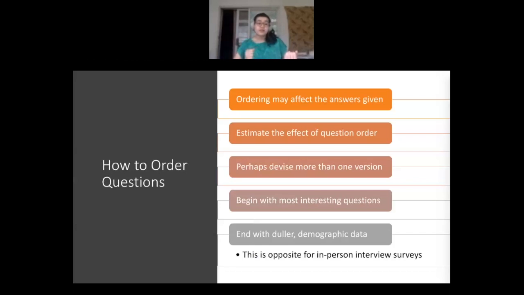And ordering questions is really important too. It can affect the answers given. So it might be better to ask open-ended questions first, so people feel more interested in giving their specific opinions.